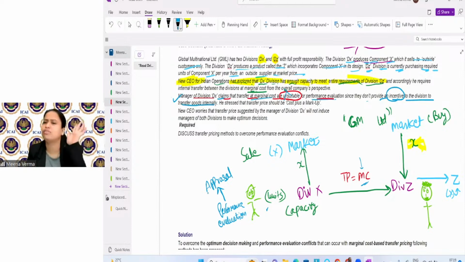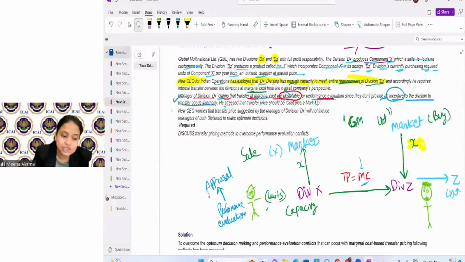Obviously, he will say, no, I will not transfer internally. Why? Because he is not getting any incentive here. He will not be happy to transfer the goods internally.